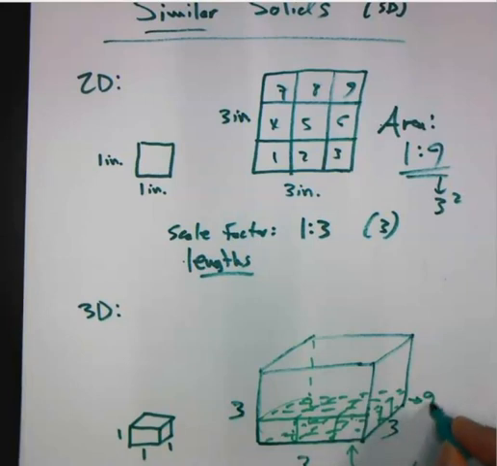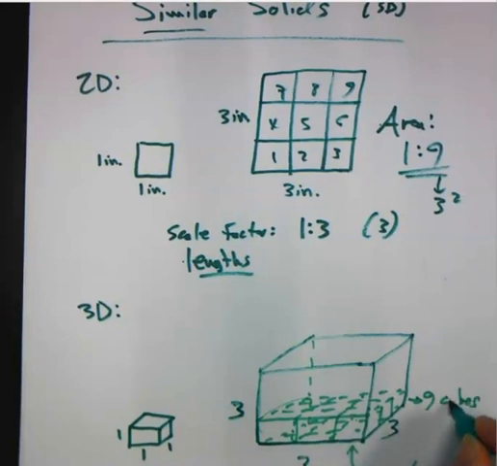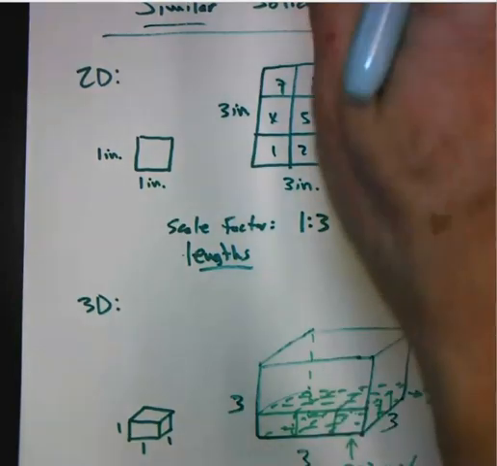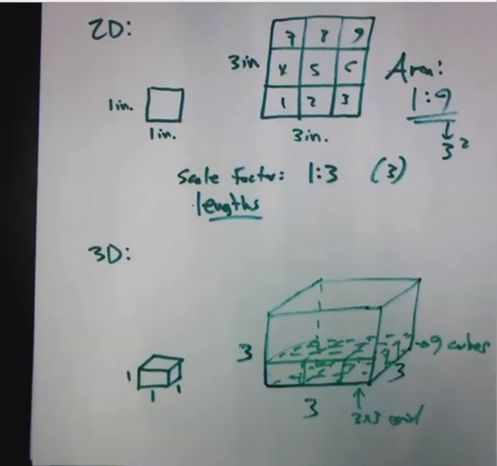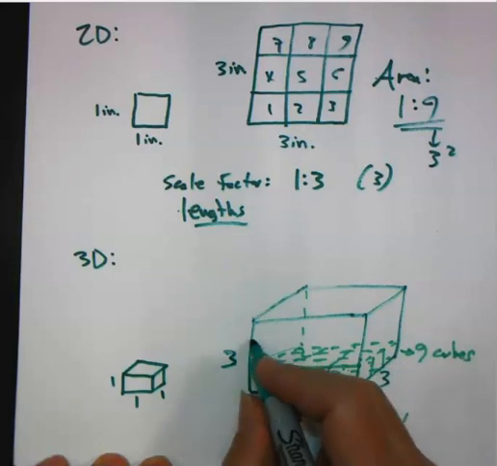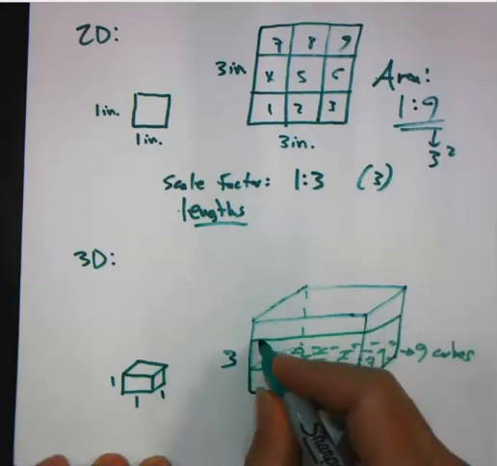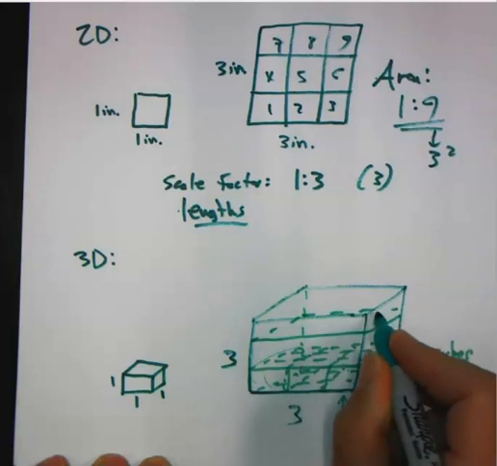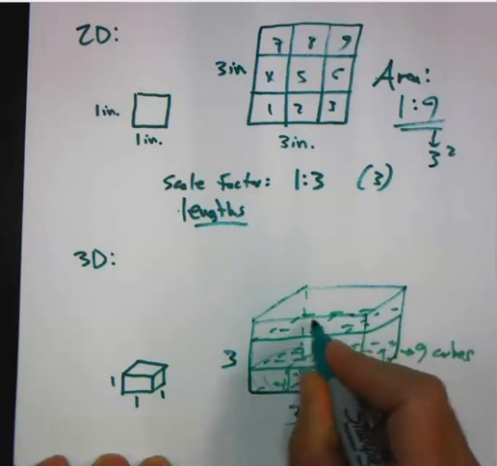So that's going to be 9 cubes there, but that's only taking into account the fact that I've tripled the width and the depth, not the height. I've got another layer here, another 3 by 3 grid.